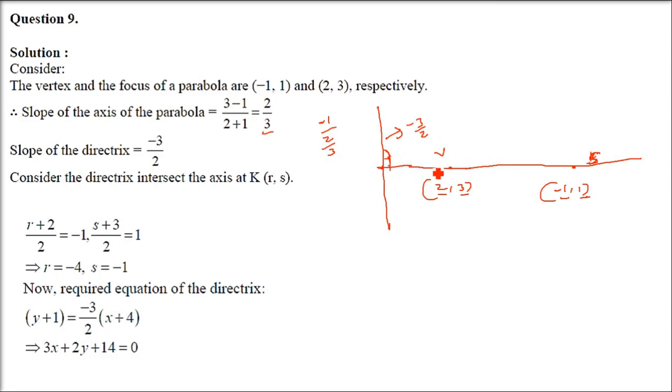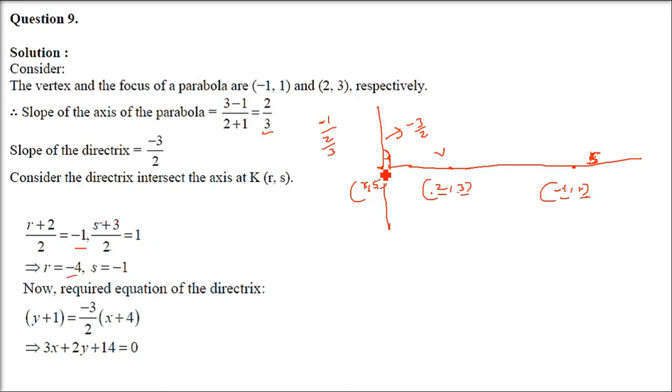Now what is this point? Assume it to be R, S. V is the midpoint, right? So apply the midpoint formula: (R plus 2) by 2 is -1, and (S plus 3) by 2 is 1.